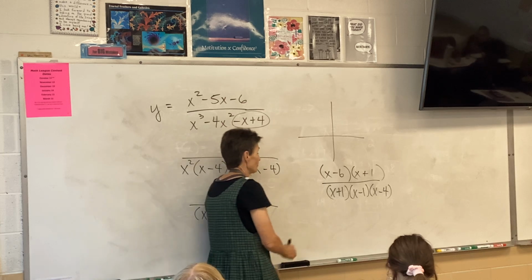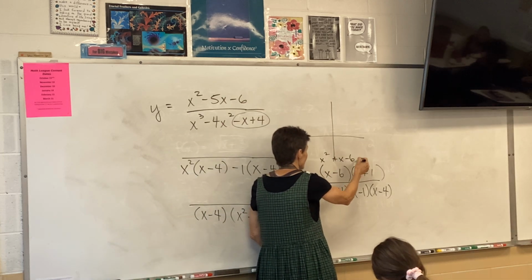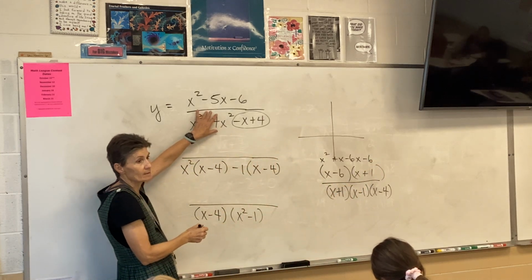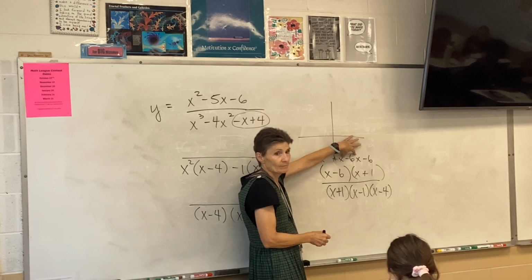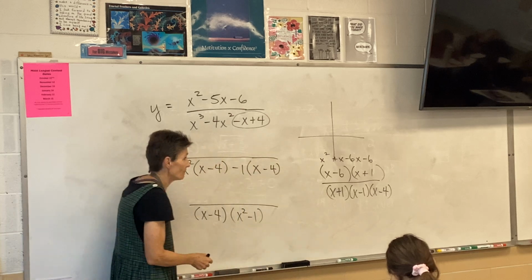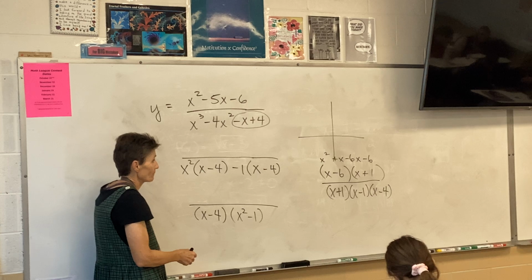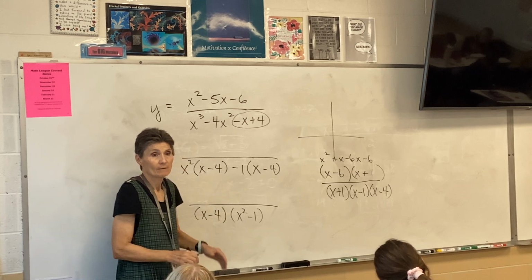Let's check it. X squared plus x minus 6x minus 6. Is that what I wanted? It sure is. See how she got negative 5 here? And negative 6 on the end? She's right. Okay. Everything's factored. Now what?